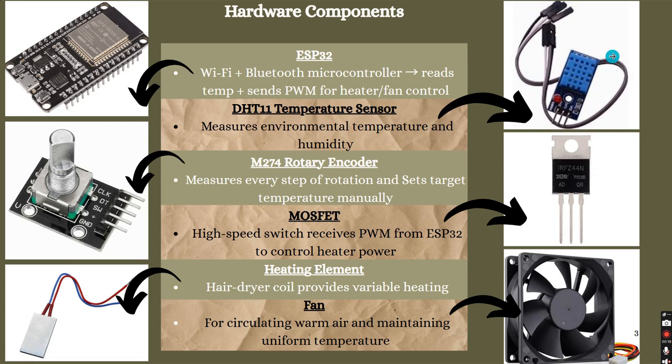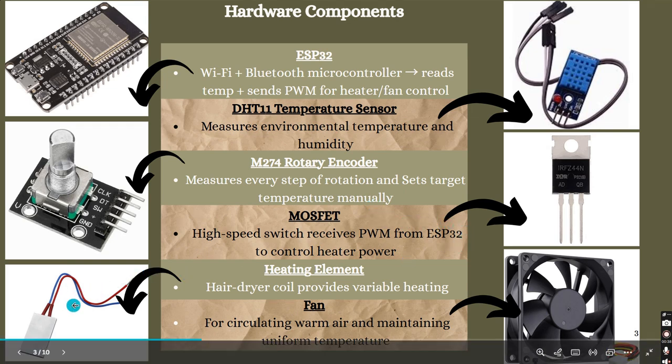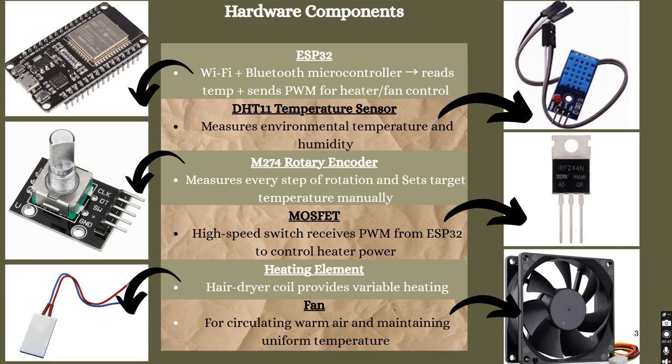A DHT11 sensor which measures temperature and humidity, an AIM274 rotary encoder which helps set the target temperature manually, a MOSFET as a switching element to control the heater based on the PWM signal, a hair dryer coil as the heating element, and a fan to distribute heat evenly and maintain uniform temperature. Each of us was involved in component integration, testing, and wiring.